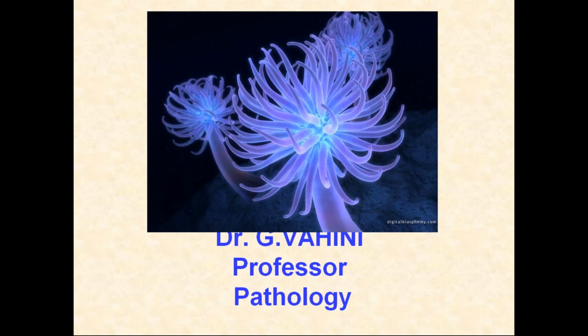Individually, we have dealt with the immunological injury to the kidney and various types of glomerular nephritis: membranous glomerular nephritis, MPGN (membranoproliferative glomerular nephritis), focal segmental glomerular nephritis, and minimal change disease. Alport syndrome, hereditary nephritis, thin basement membrane disease, all these we discussed in the last class.